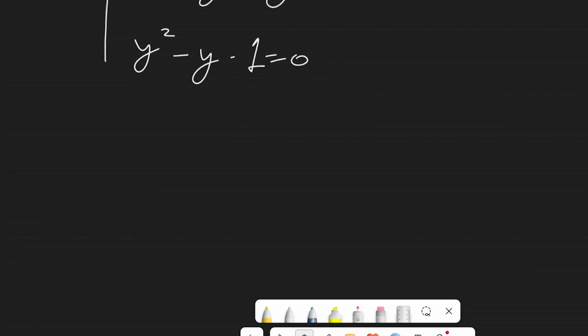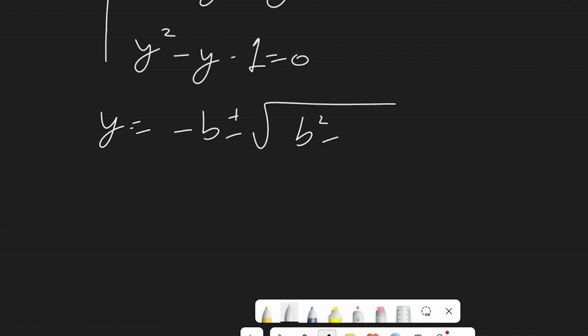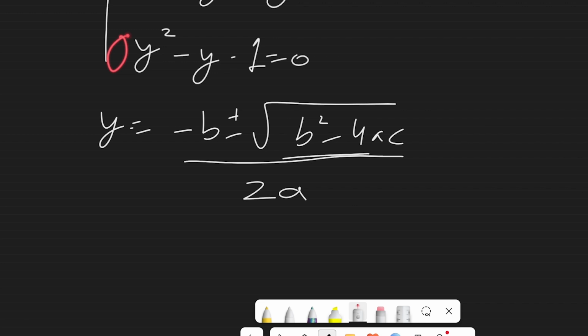It can't be solved by factoring, so I will have to apply the quadratic formula. So y is equal to minus b plus minus square root of b squared minus 4ac, over 2a. Basically a is 1, b is minus 1, and c is also minus 1.